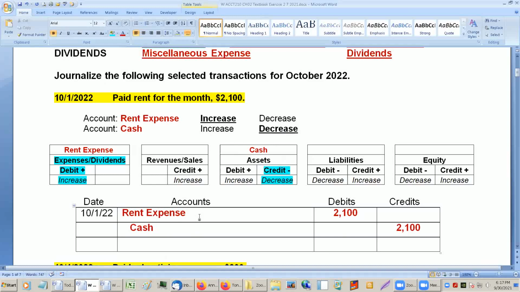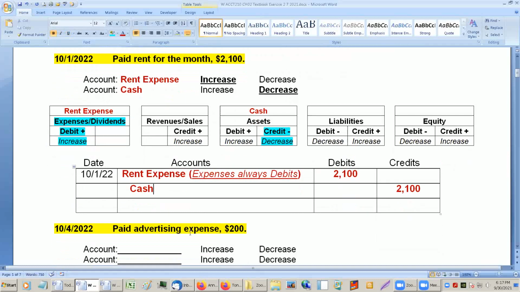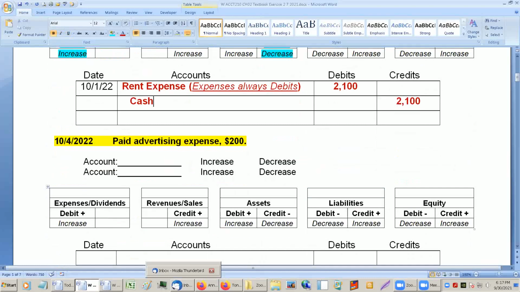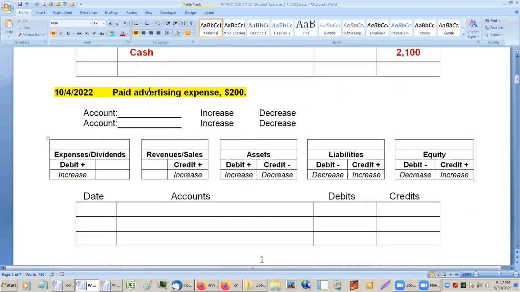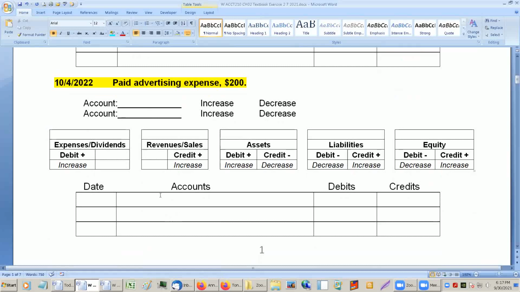So whenever you see expense, paid advertising expense.